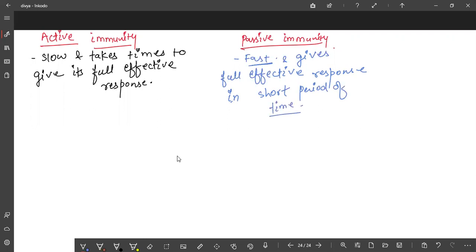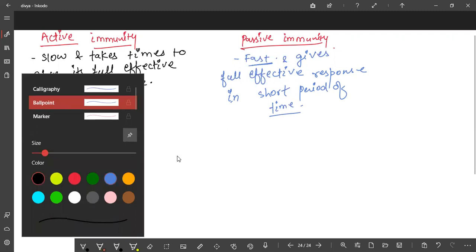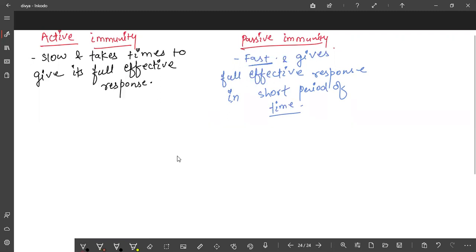So, in short, active immunity is slow while passive immunity is fast. How is active immunity developed in our body? Because antibodies are produced in your body.